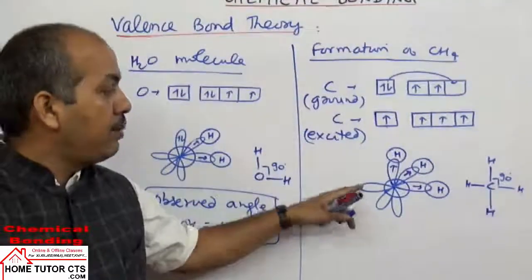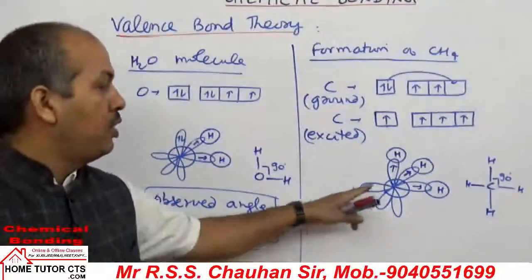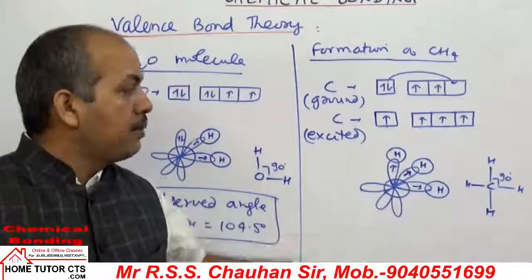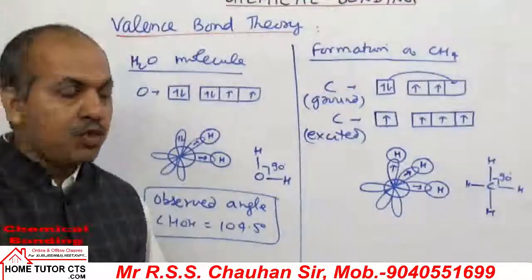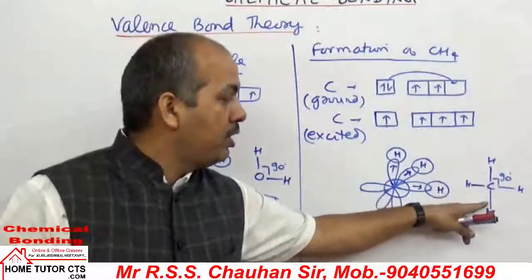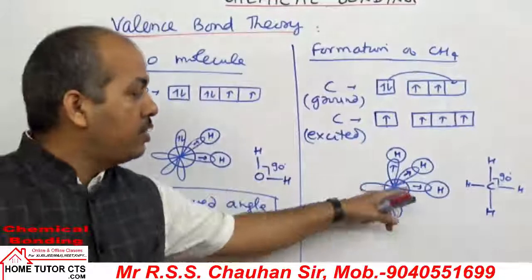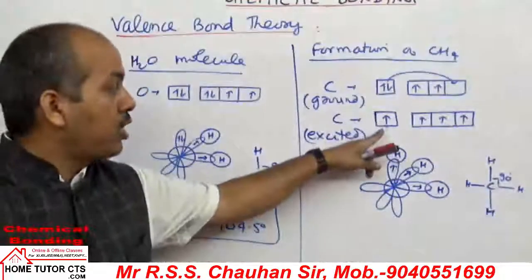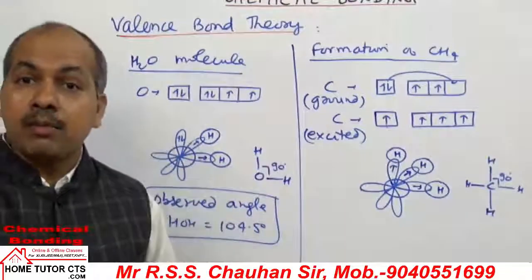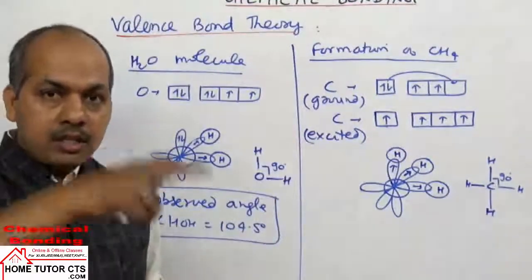Now, if the overlapping takes place, we have 3 p orbitals mutually perpendicular. So they will form 3 C-H sigma bonds, and the one s orbital with 1 electron will form an s-s sigma bond, which is uncertain because of the spherical shape.